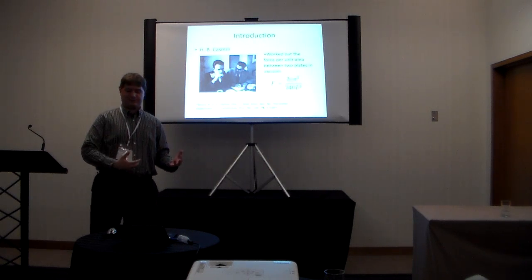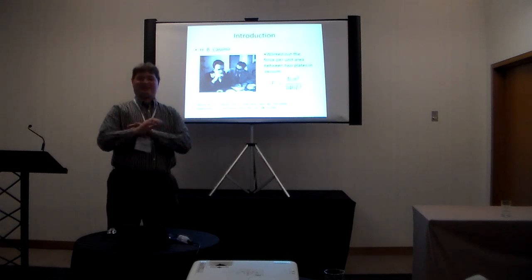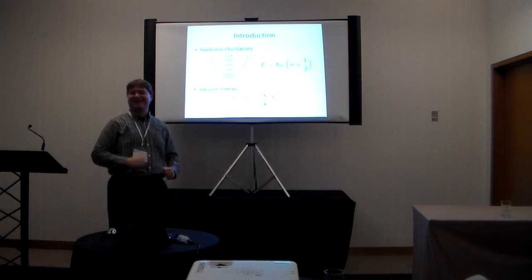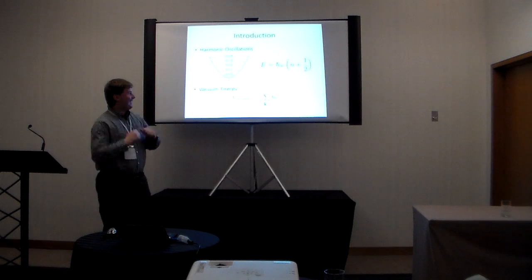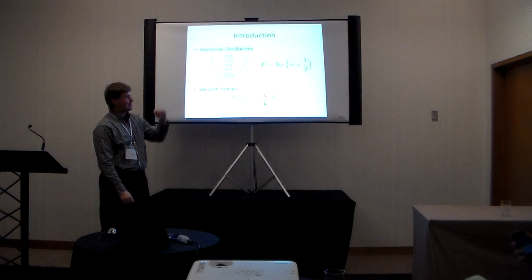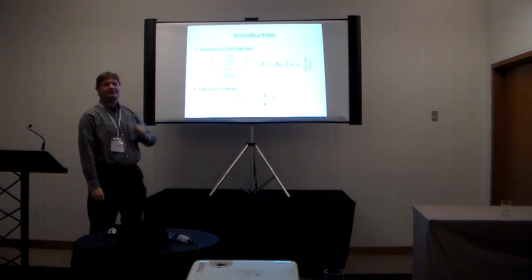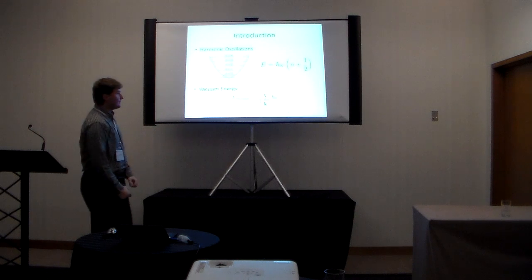I'm going to take a different approach, and use the one thing that quantum professors love, and that's the harmonic oscillator. As we know from quantum mechanics, the energy of the harmonic oscillator is given as follows. But what's more important is if you set n equals 0, if you look at the ground state, it's still a finite energy.